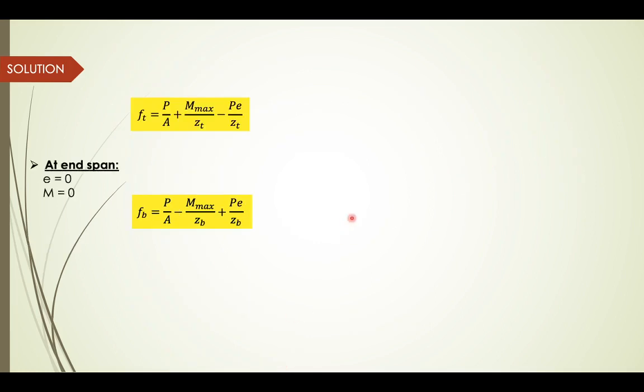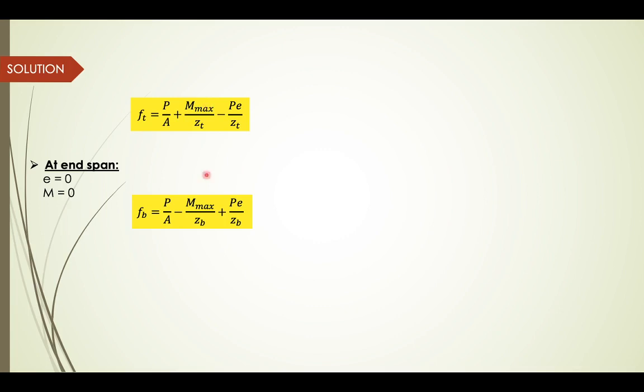Right, so as we know, when we talk about end span, in the question it has also been stated that the eccentricity value at that point is equal to 0. So it sits exactly at the centroid of the section. Then we also know that at the end span, the moment is equal to 0.